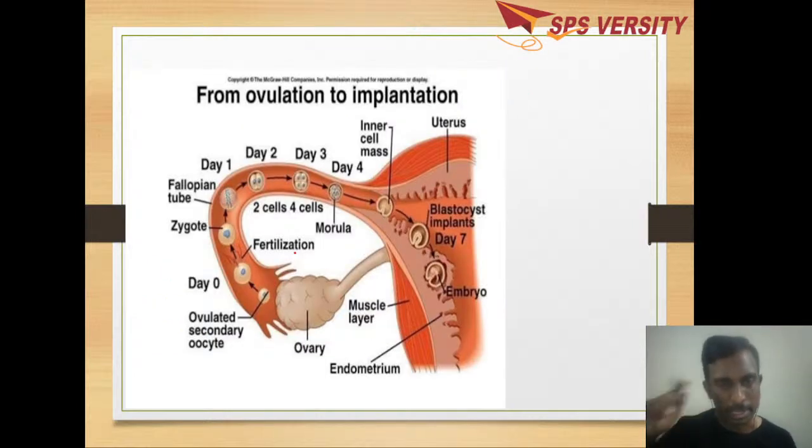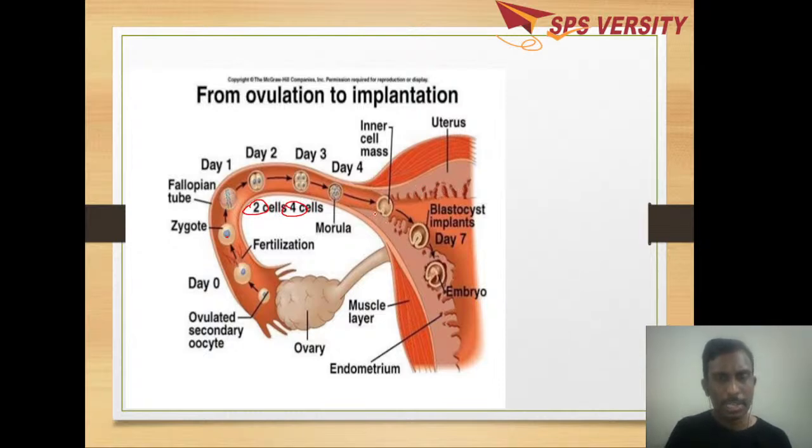Here you can see the days also: the zygote is formed in the fallopian tube, then day 1, gradually moving, day 2, day 3. As it gradually moves, we can see the number of cells increasing: 2 cells, 4 cells, 8 cells, 16 cells.